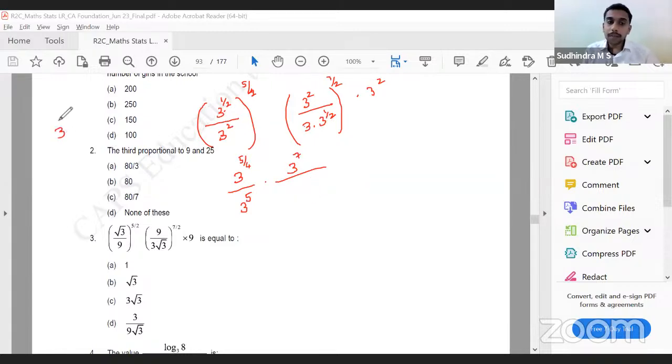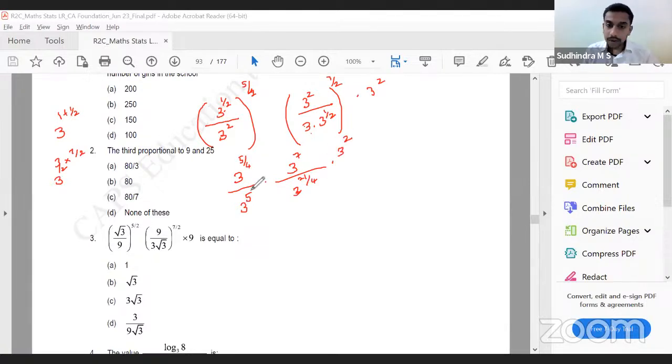Correct. That is 3 to the power of 1 plus 1 by 2, that is 3 to the power of 3 by 2. 3 to the power of 3 by 2 into 7 by 2 is 3 to the power of 21 by 4. 21 by 4 into 3 square.